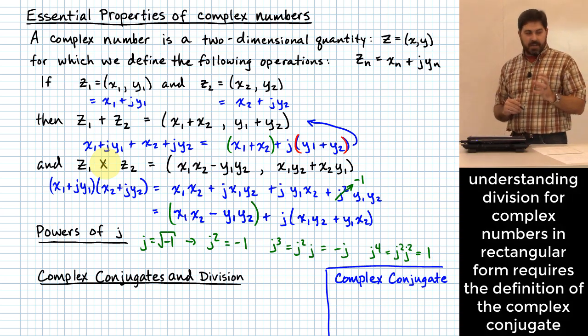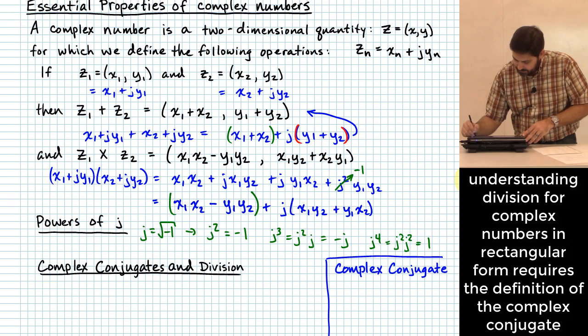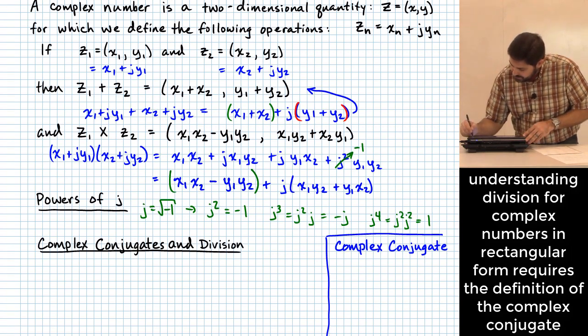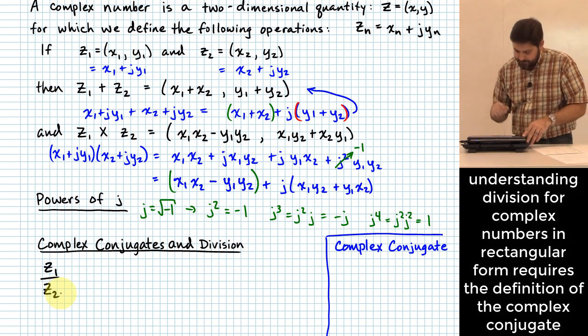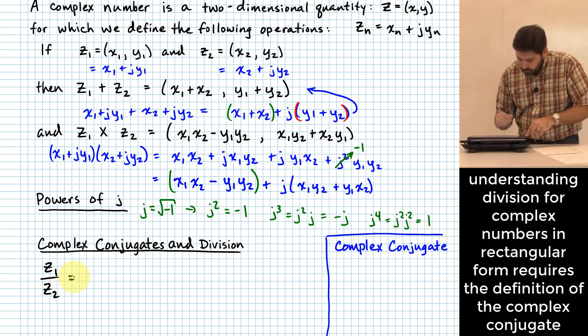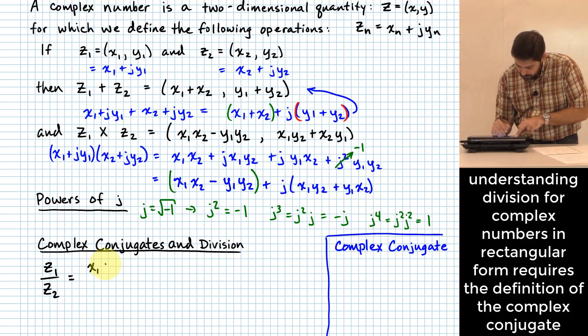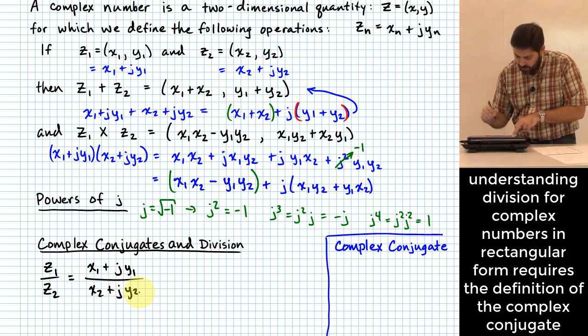So this is something I want to focus in on just a little bit. What if what I want to do is take z1 and divide it by z2? Let me write that out here real quick. What is z1 divided by z2? This would be x1 plus j y1 divided by x2 plus j y2.